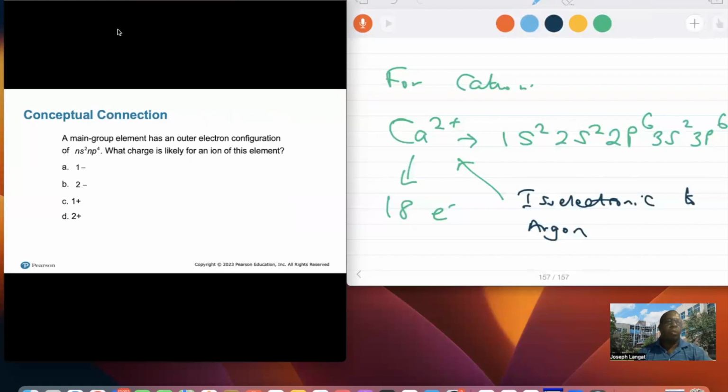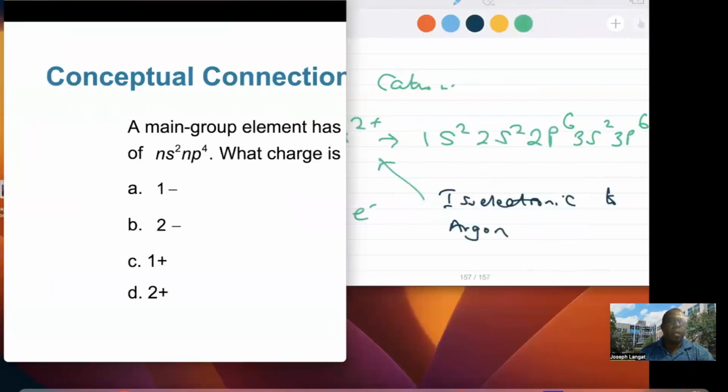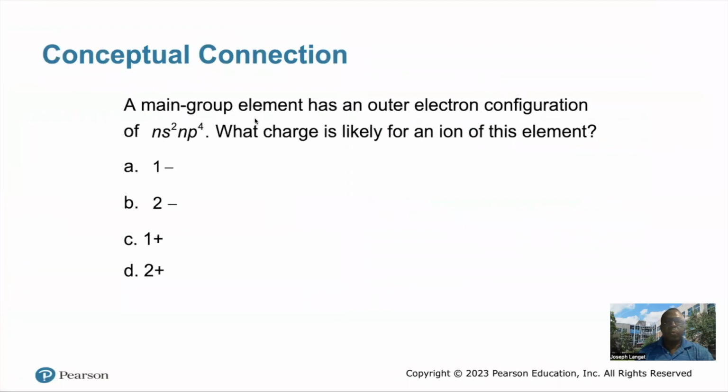This is a conceptual question you expect to see in the quiz. A main group element has an outer electron configuration of ns2 np4, where n stands for the principal energy level. It could be 2, it could be 3, it could be 4, but the most important thing is the superscript, the 2 and the 4.